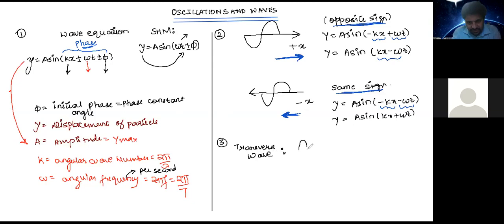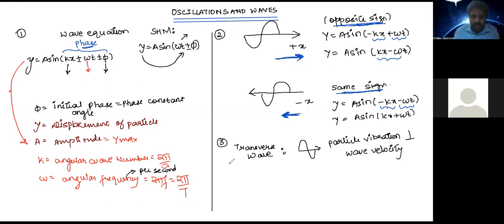Where particles are oscillating in a direction perpendicular to the direction of motion. The direction of vibration of particles is perpendicular to the wave velocity, right?